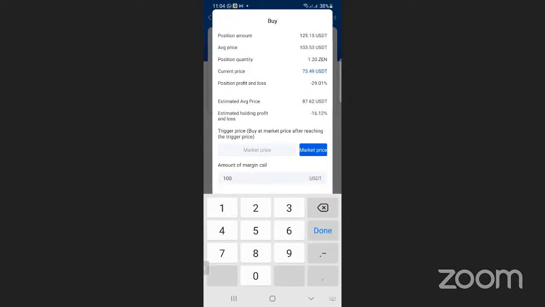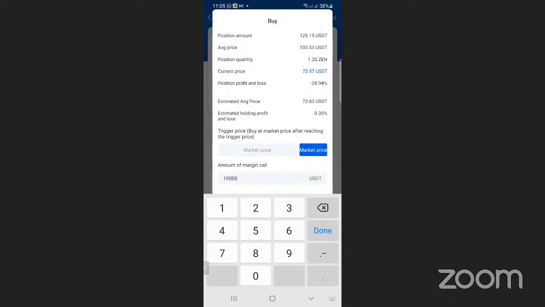Meaning, the more the average price moves closer to the current price, because we said floating loss is when the current price is a little bit lower than the average price. So if I put here 1,000, you see, now the estimated average price is moving closer to the current price, meaning very soon this coin will be sitting in profit.